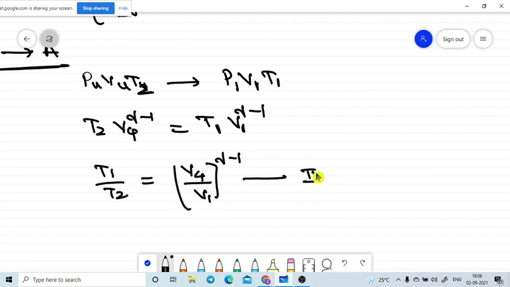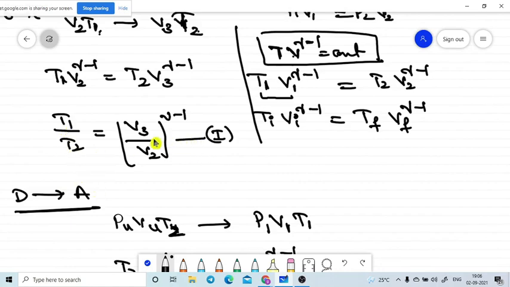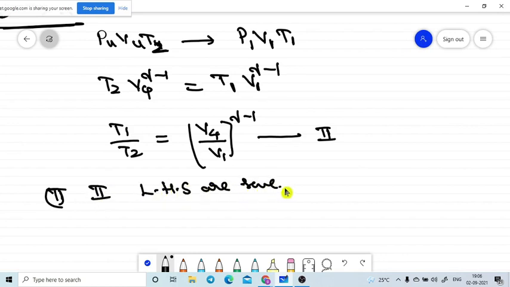Roman number 1 and Roman number 2 have the same left side values, so we can compare the right side values, which must also be the same. Equation number 1 and equation number 2 LHS are the same, so then RHS must be same. Are you getting or not? Yes, sir.